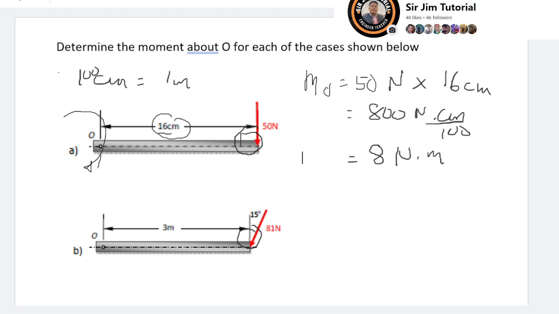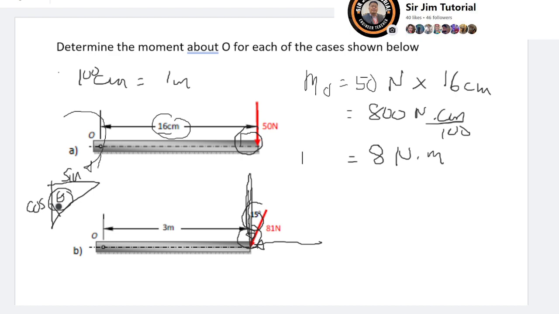So what you need to do is to get the components, the vertical component here and this horizontal component. Take note that the angle is along this side, meaning at this side that is cosine. So let's say you have this triangle; if this is theta, this one should be cosine and this one should be sine, considering the theta.